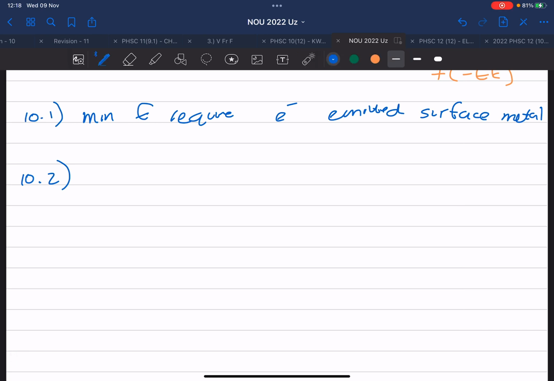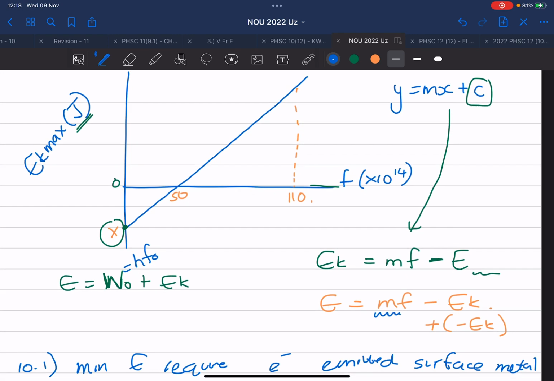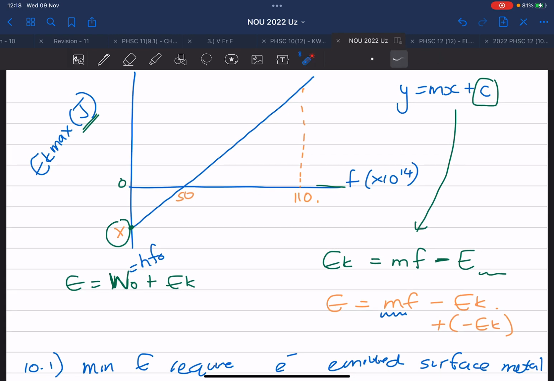Okay. 10.2. Give a reason why no photons will be released when light of 4.5 times 10^14 Hz is used. So that is what she just said. She saw that there where the energy is 0, where the kinetic energy is 0, there we have a frequency of 50.